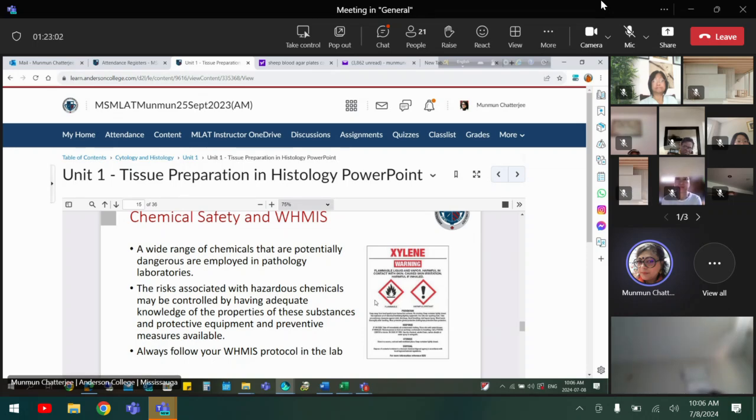That's why a wide range of potentially dangerous chemicals are employed in pathology laboratories. That's why they have already told you about formalin, xylene, and a lot of others. The risk associated with hazardous chemicals may be controlled by having adequate knowledge of the properties of these substances and of the protective equipment and preventive measures available.